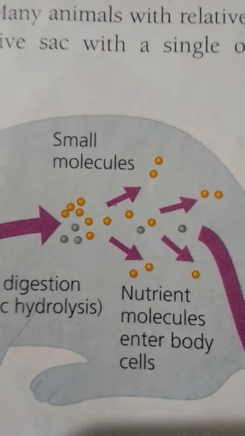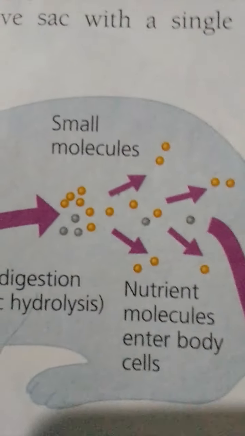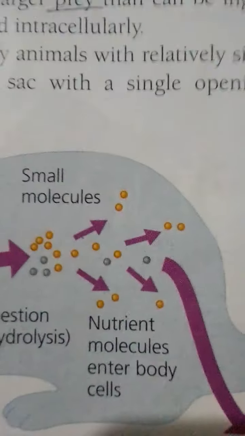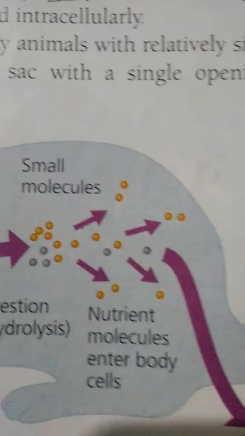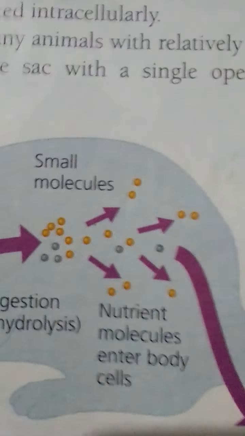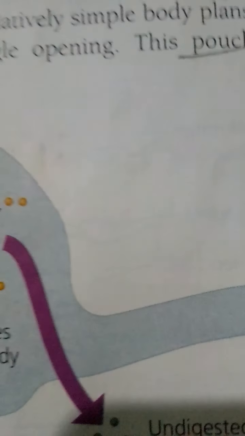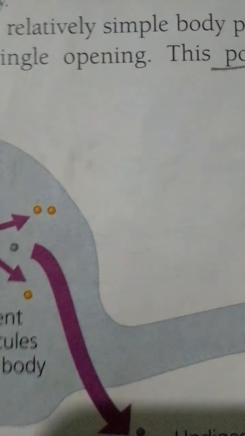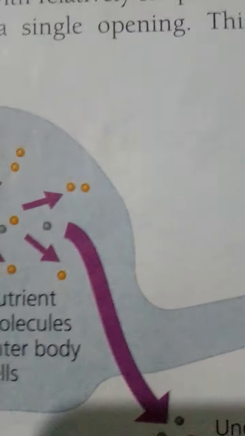A variety of hydrolytic enzymes catalyze the digestion of each of the classes of macromolecules found in food. This chemical digestion is usually preceded by mechanical fragmentation of the food by chewing. For instance, breaking food into smaller pieces increases the surface area exposed to digestive juices containing hydrolytic enzymes.